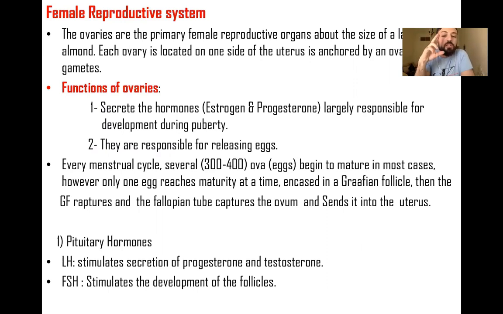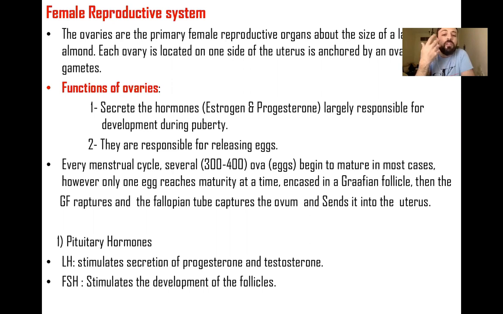So question, when did the eggs get produced? Do you have an idea? When do females produce their eggs and store them? When the person is a fetus? Very good. As they were still embryos. Females produced their eggs when they were still in the uterus of their mothers.